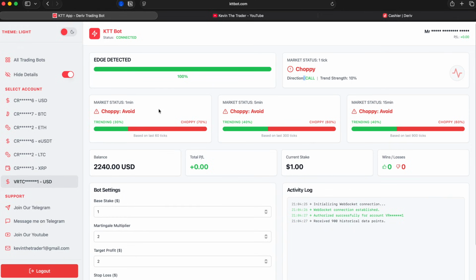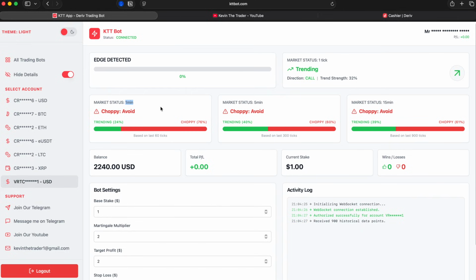That's why you cannot get a bot that can run the call and put method, or call and put digits, for the whole day, because the market will be trending at certain times and choppy at other times. If the market is choppy on 1 minute like this, then we avoid the market. All the indications that require you to trade, you find them here.